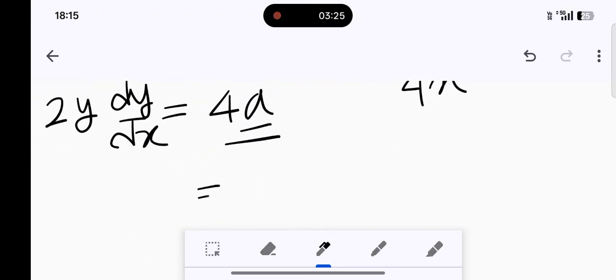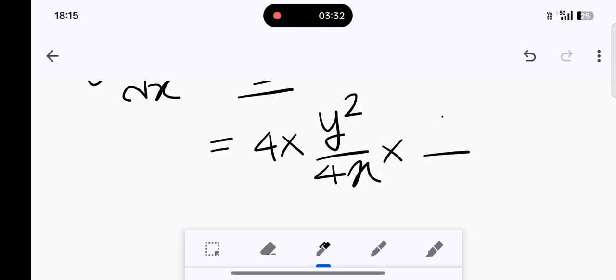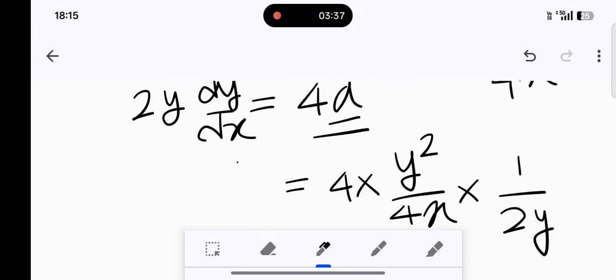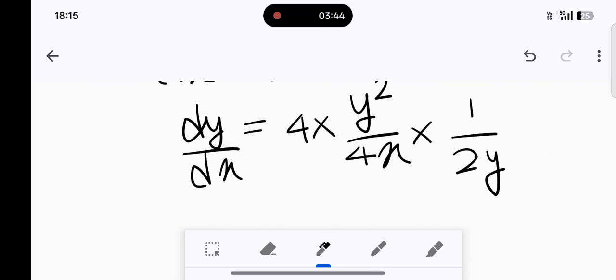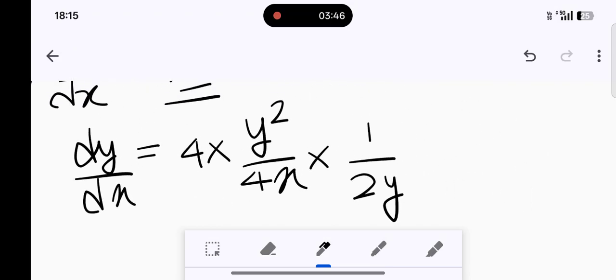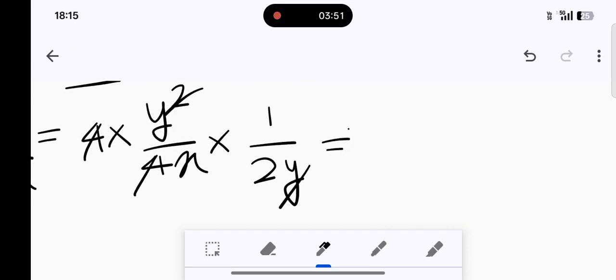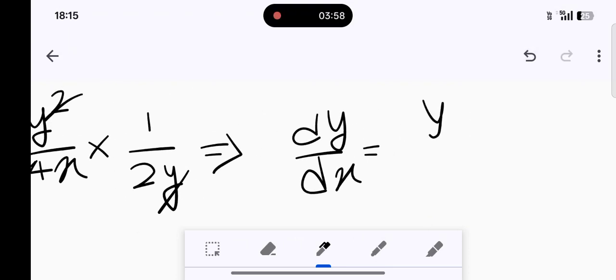So we can say that 2y into dy by dx equals 4 into y square by 4x, so dy by dx equals 4 into y square by 4x into 1 by 2y. Here 4 will be cancelled out, and y and the square will cancel, and we will get the differential equation dy by dx equals y by 2x.